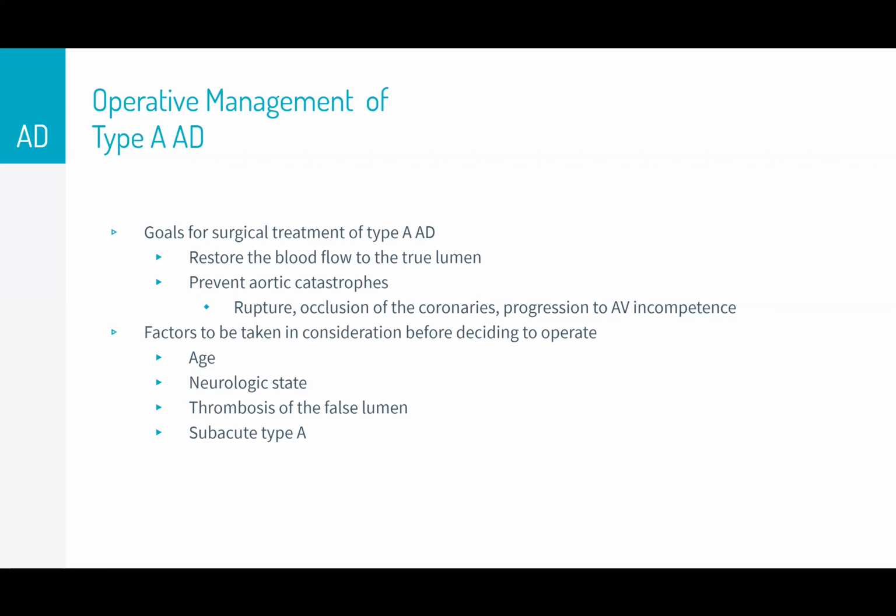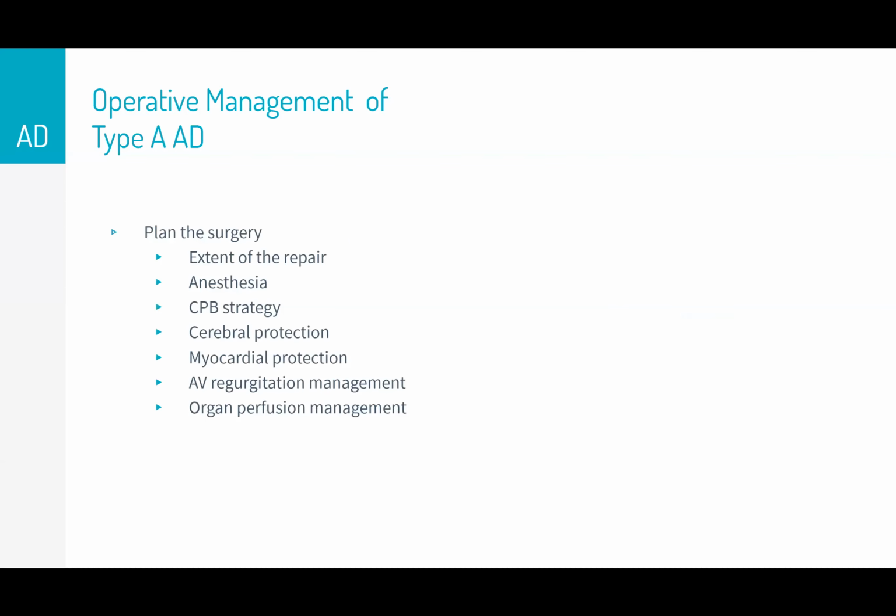For a subacute type A presentation, some will argue that those patients survived the first 14 days of the most acute phase and are now alive, so why would we risk the surgery? They will also need a repair, even though they survived. Actually, they are better candidates for surgical repair, because since they survived, they are more fit for the surgery than the patients who met their demise in the acute phase.